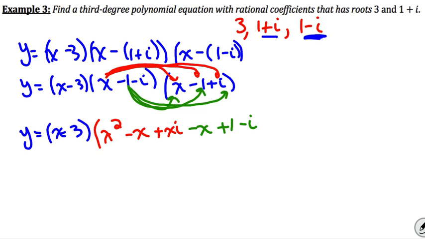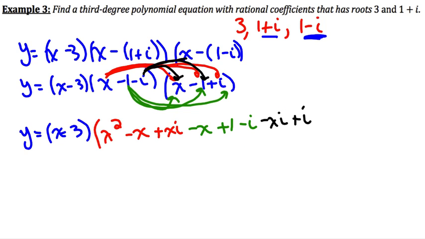And then I'm going to take the negative i. This might get a little messy here. Negative i times x is the negative xi, which is good. That'll cancel with this positive xi. Negative i times 1, that's positive i, which is nice. It's going to cancel with this i right here.